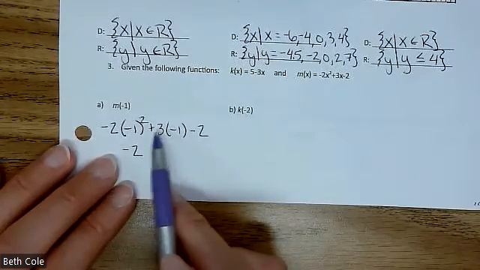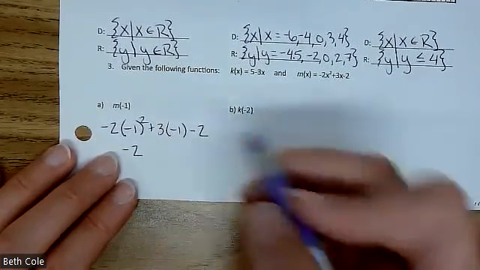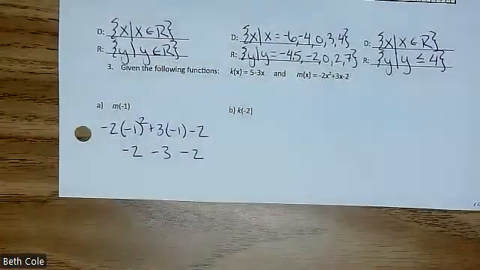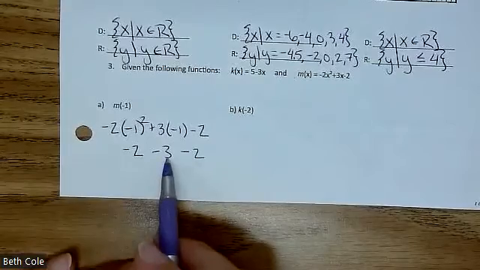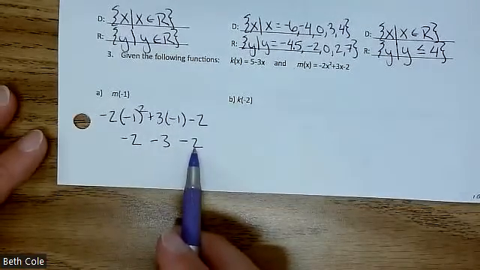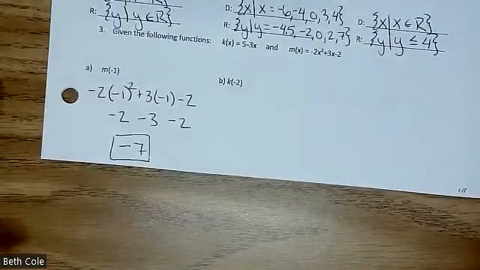How about this? 3 times -1. -3, good. Anytime you times by a -1, it's just going to change the sign. All right, all of those are negative. It's like you owe someone $2 and then you owe them $3 more and then you owe them $2 more. Gosh, you're like borrowing a lot of money. I've said -7. And again, on the test, you would use a calculator.